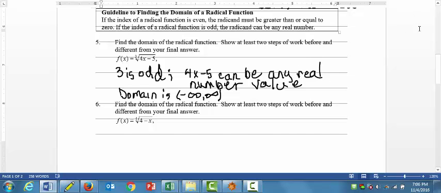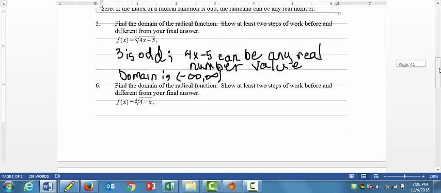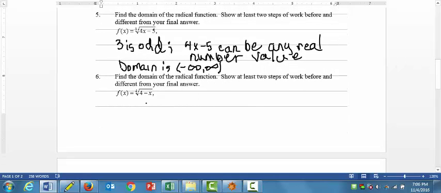Now when I want to find the domain in number 6, and I see I have a fourth root, here the index is 4, and that's even.